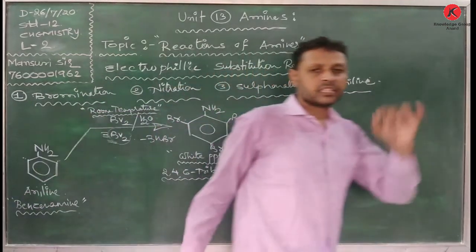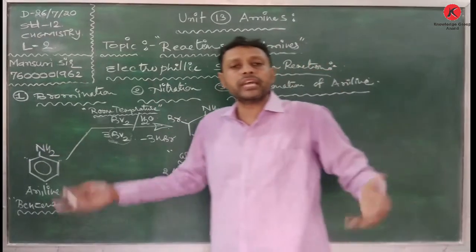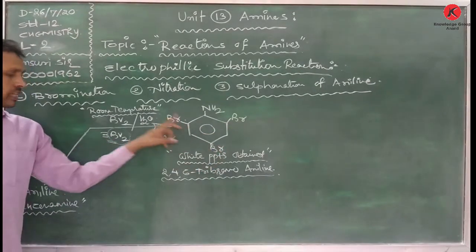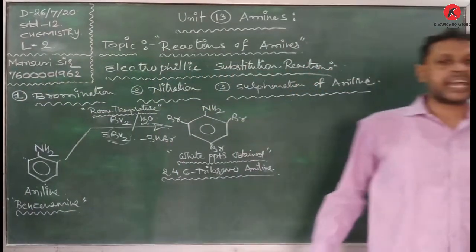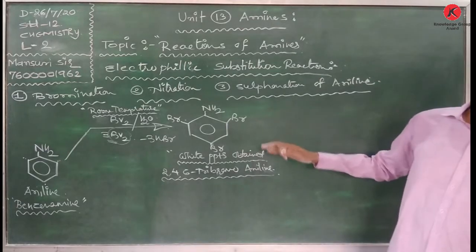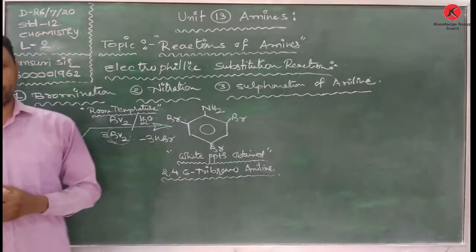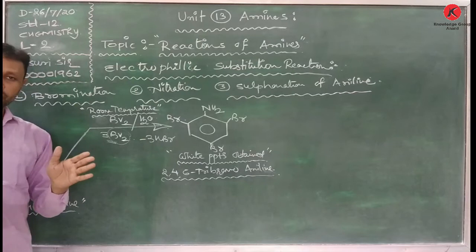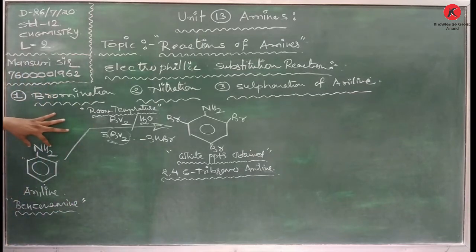But this NH2 group of aniline is more reactive. That is why 2,4,6-substituted derivatives are obtained. But for making mono substituted derivatives, what do we have to do? We have to take the NH2, which is more reactive.